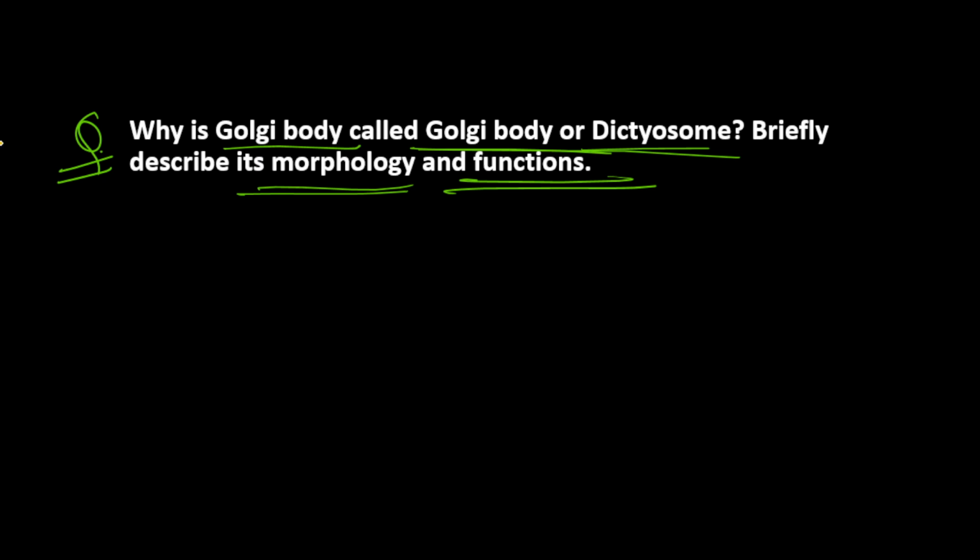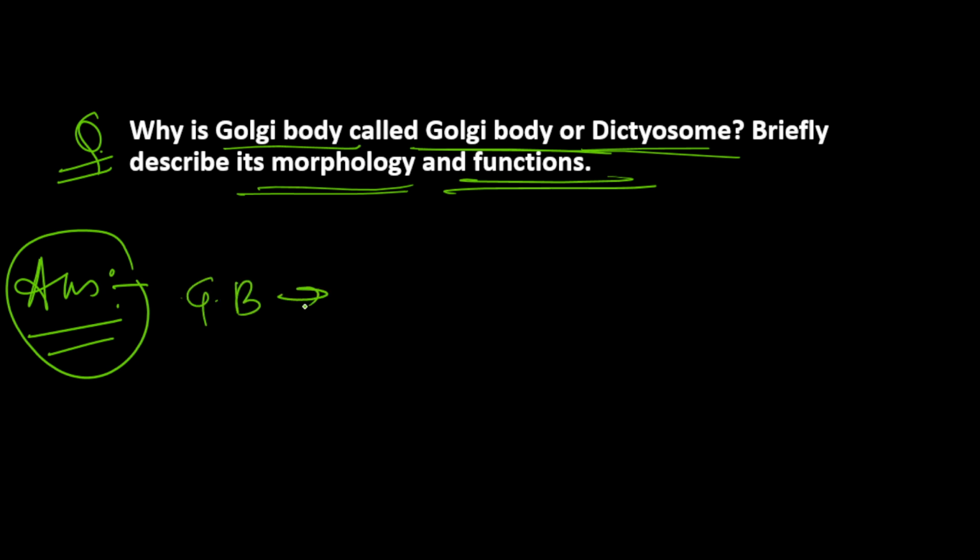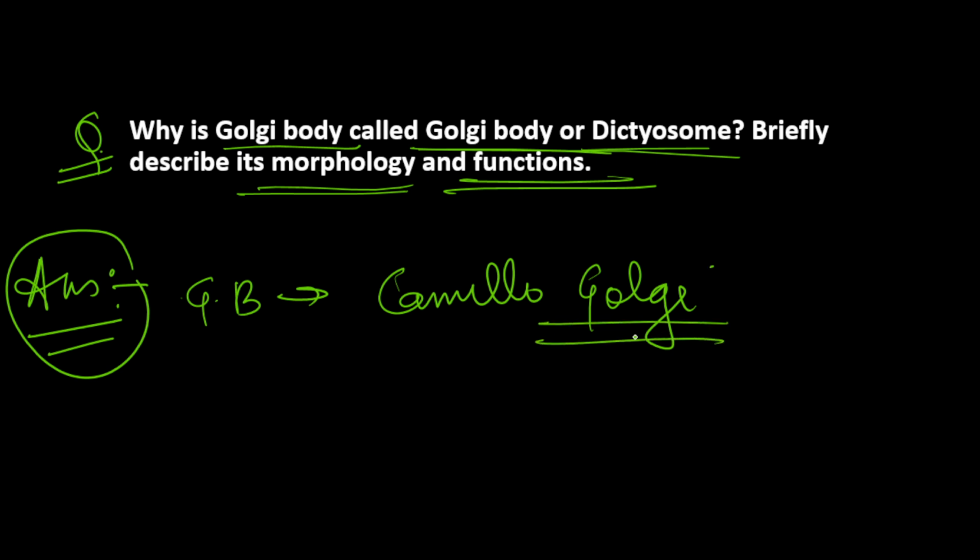So first of all, why do we call Golgi body as Golgi body? The reason behind its discovery. Golgi body was discovered by an Italian scientist named Camillo Golgi, and through his name only, the Golgi of Camillo Golgi came to be known as Golgi body.